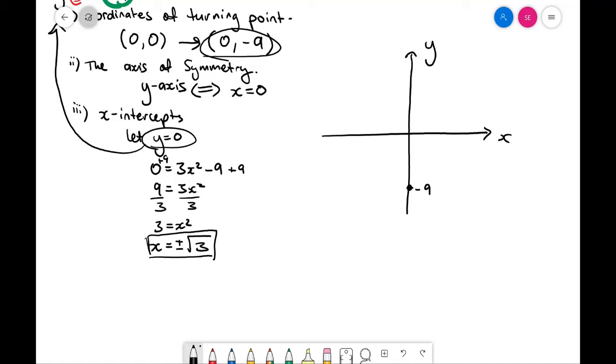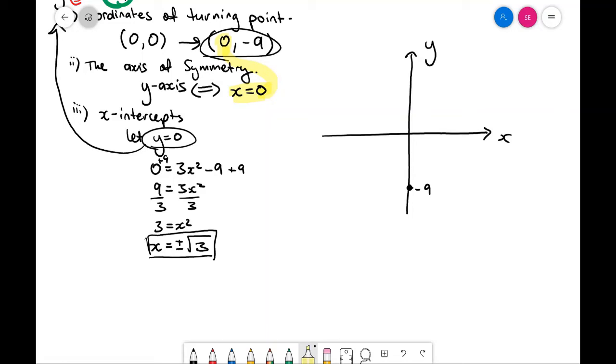We know the axis of symmetry is x equal to 0. And a little trick as well, the axis of symmetry is just going to be the x coordinate of the turning point. So x is equal to 0, you can make that connection there. Okay, so it's going to be symmetric about the y-axis.